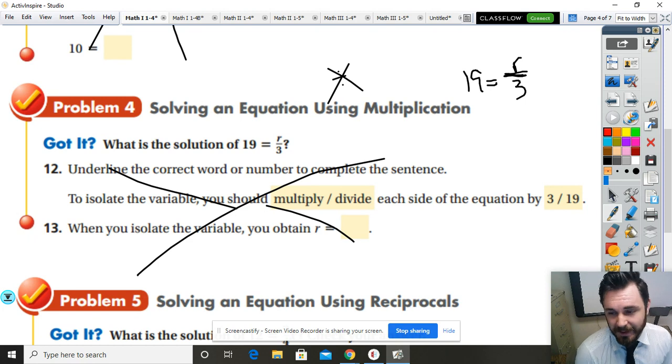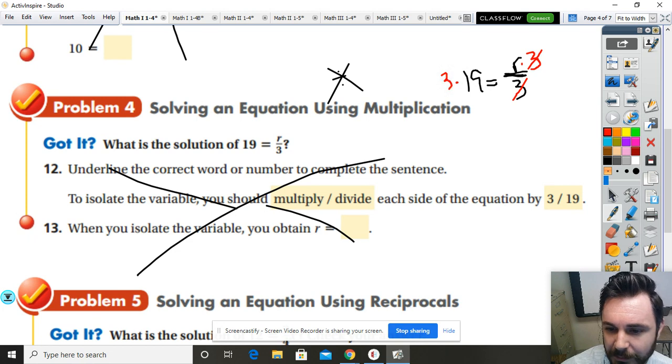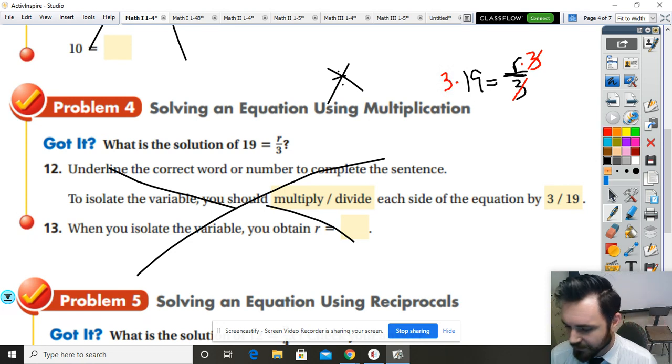If something's being divided by 3, in order to cancel, I need to multiply by 3. And I like to say more specifically, I like to multiply the top, the numerator, by 3. So that 3 on top and 3 on bottom are going to cancel. But if I multiply the top by 3 on this side, I have to multiply the top by 3 on the other side as well.